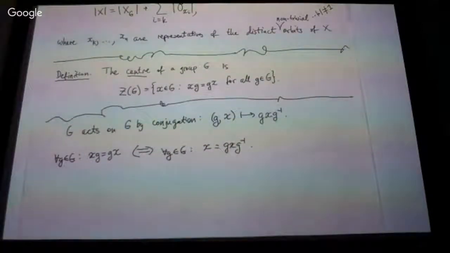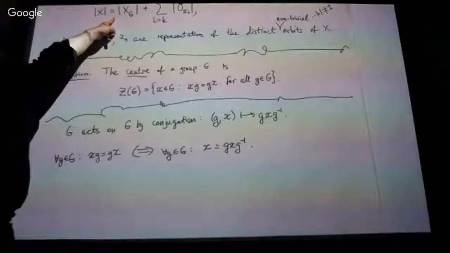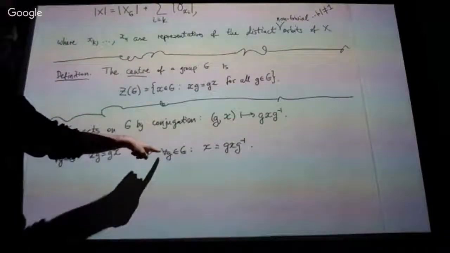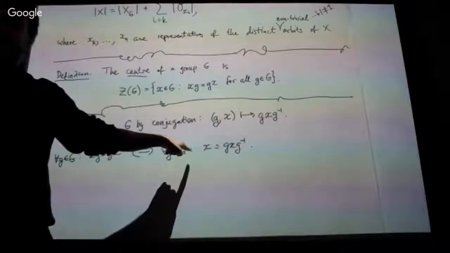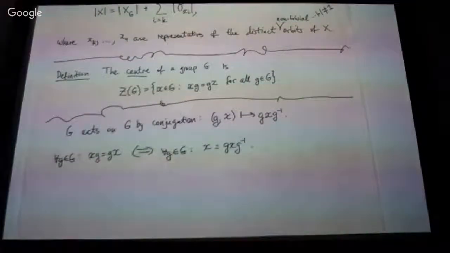Can you see the connection now? So the center is that set in that particular action, because we're looking at all the x's such that every element of G leaves them in place when it acts by conjugation. Okay. So now the center is there.